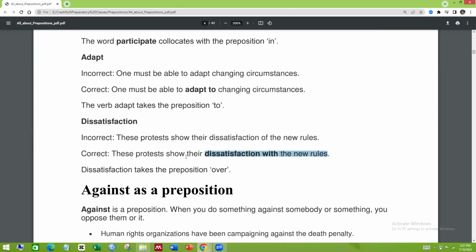Okay. The correct version is with. Actually, there are two variations here. Over is also used, and with is also used for that.